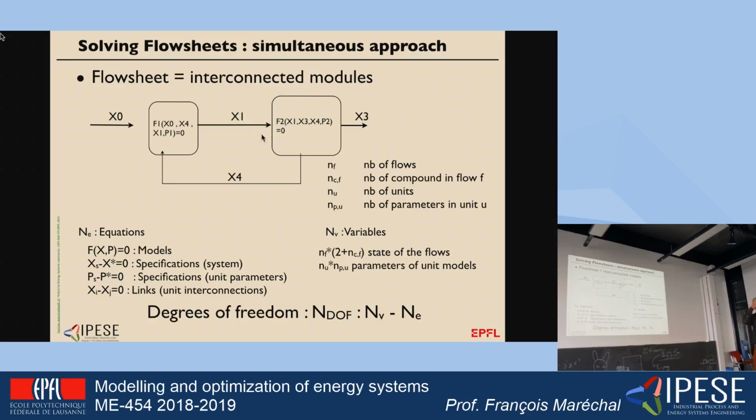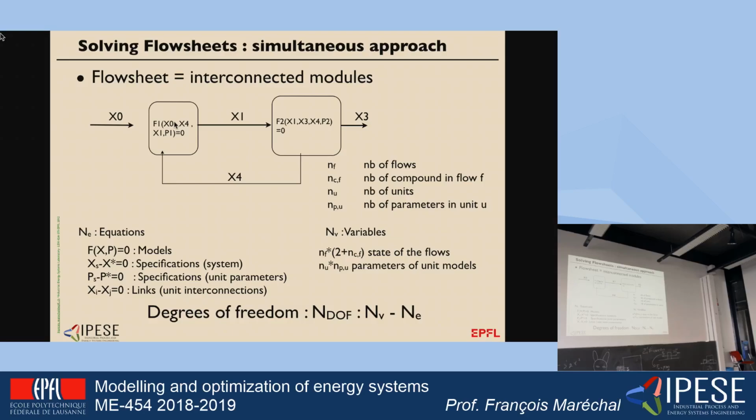So those are the same variables. That's like if I have added an equation of connection, which will decrease the number of degrees of freedom, because now the flow that is entering this unit does not have to be fixed anymore. It is the result of the calculation of this one.